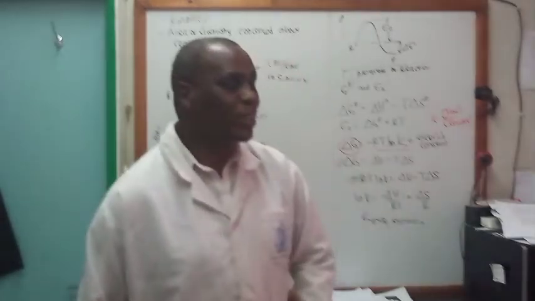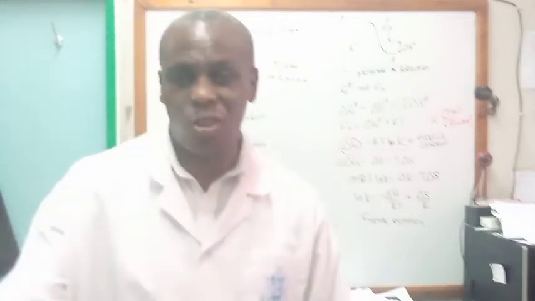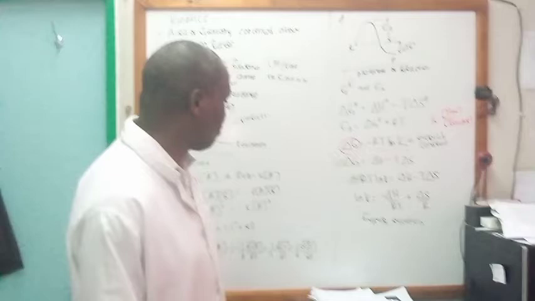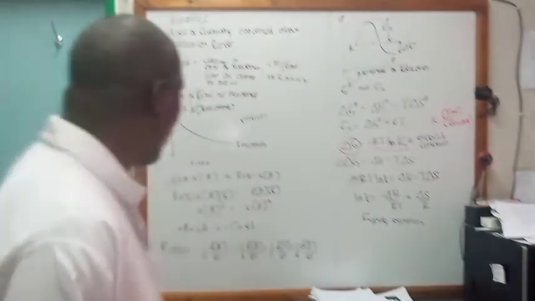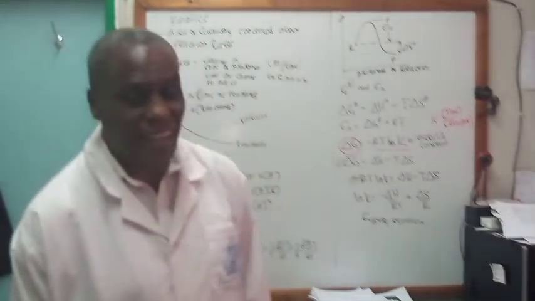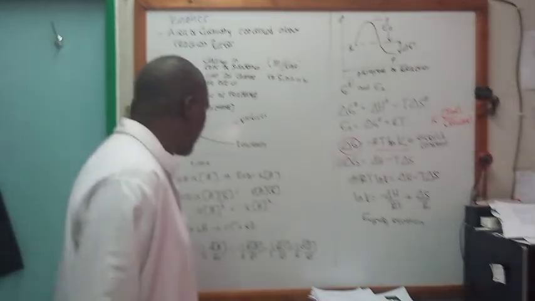So in this case, what can it tell you? You can be able to determine the entropy of a reaction, whether the entropy is increasing or decreasing, based on this equation here. Can you see that? Yeah, it's called the Eyring equation. So we are going to be looking at, in a short while, a certain very important equation.